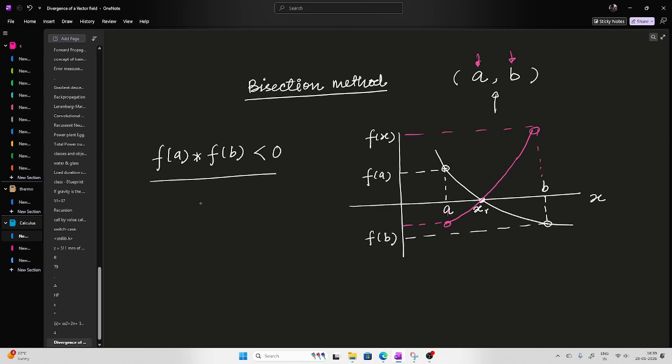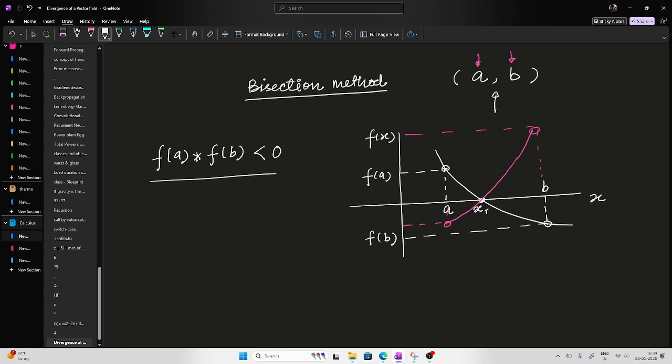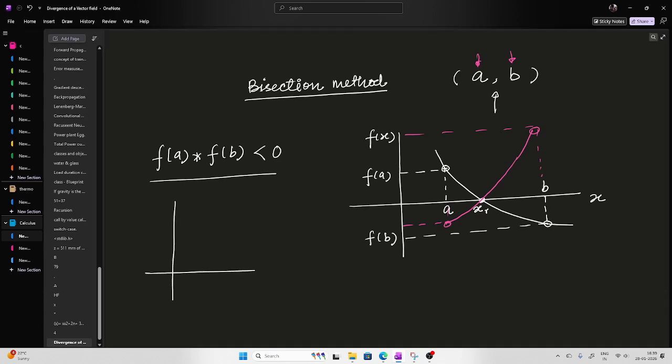Now if we take a similar thing, this is my function and these bounds happen to be here. Let's say this is a and this is b, and I want to know whether the root exists in between a and b.